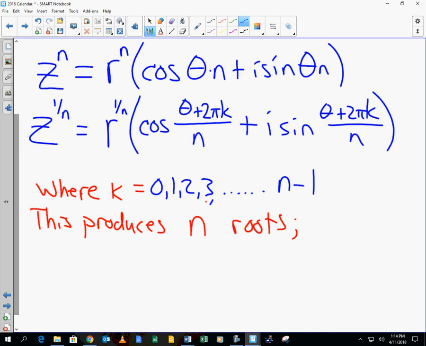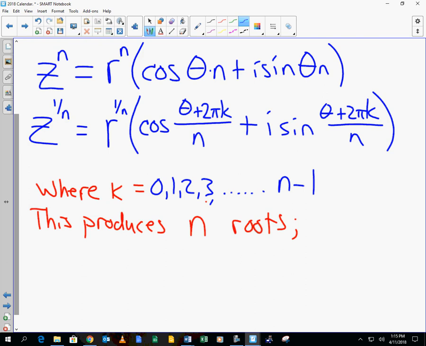Let's do a different one. Let's do a 5th root. Suppose we're doing a 5th root. What is n? n is 5. 5 minus 1 is 4. So therefore, k would be the integers 0, 1, 2, 3, and 4. See that? You still come up with 5 total.